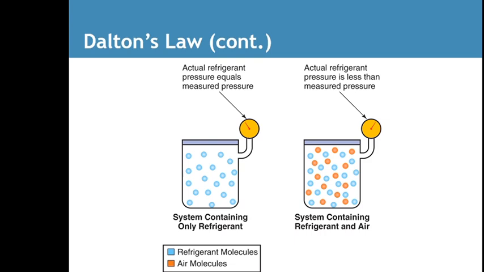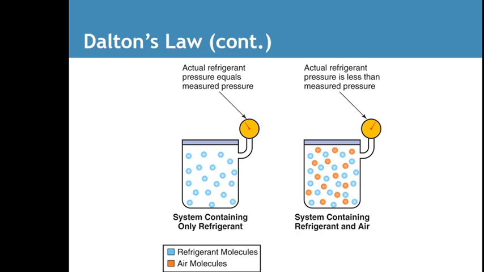On this slide of Dalton's Law, you'll see two different containers. The one on the left has the blue molecules, which represent refrigerant. And you can see the yellow pressure gauge with the little red arrows at a certain pressure. The container next to it has air molecules as well as refrigerant molecules. And you can see the yellow gauge is a little bit higher, the red line on it. Remember, you can only put a certain amount in these cylinders without compression.